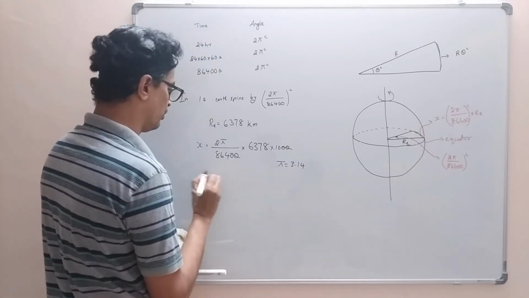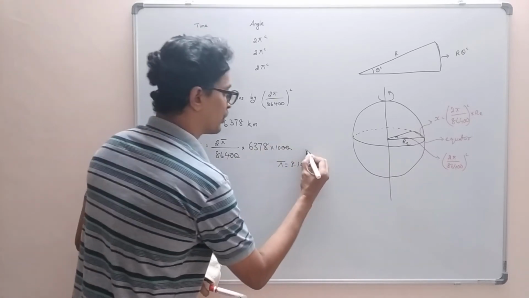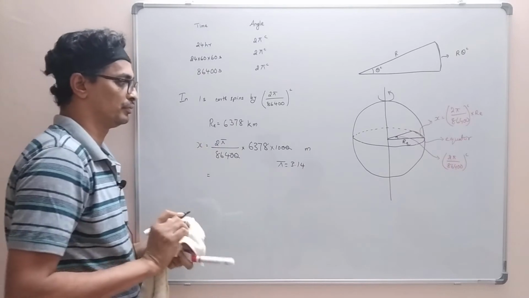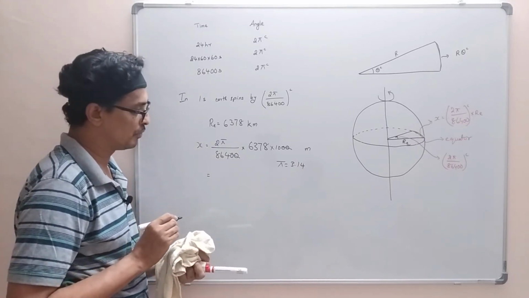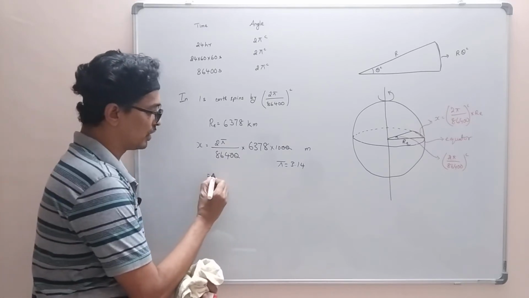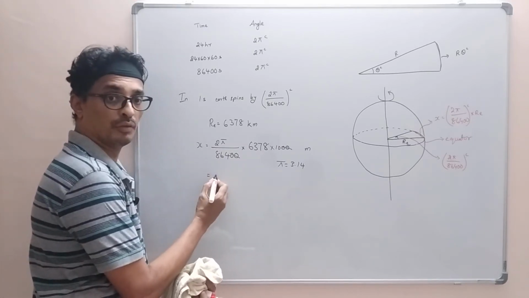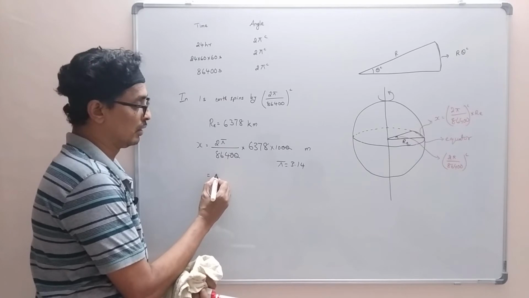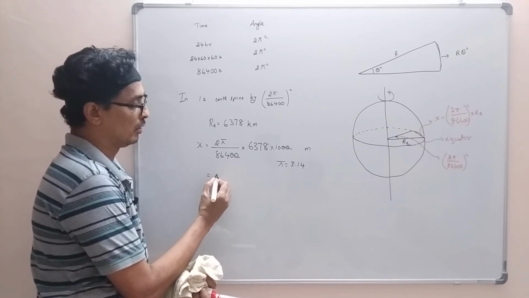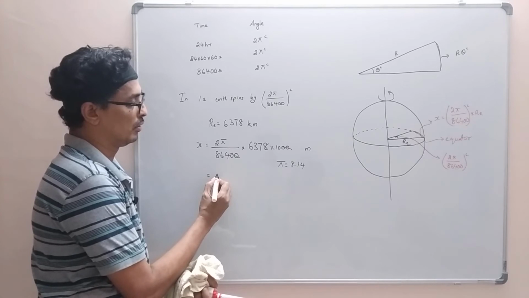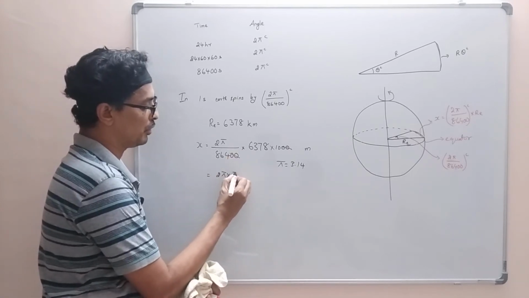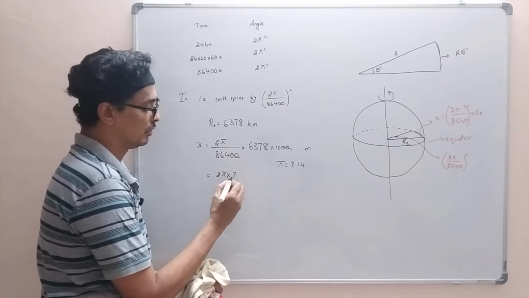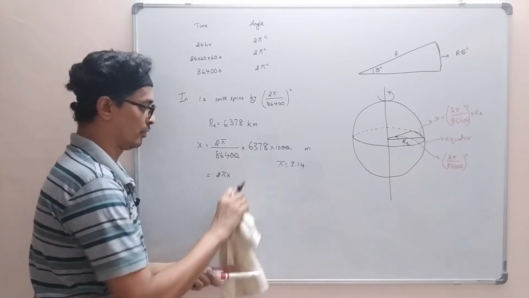This is in meters. 6378 divided by 864 will be 7.381. Then you get 2 pi into 7.381, so 73.81, into 10.